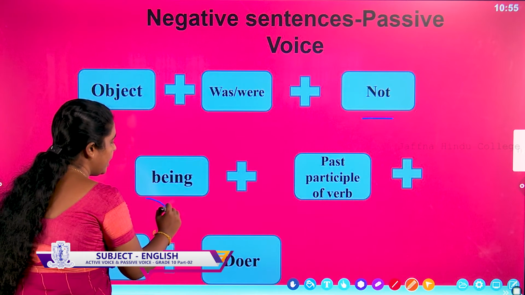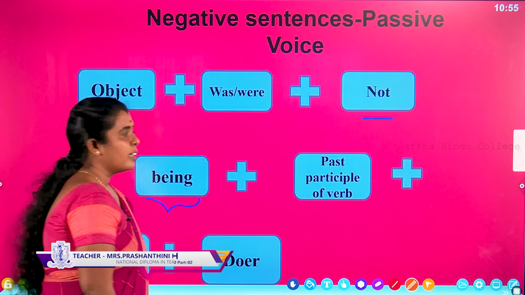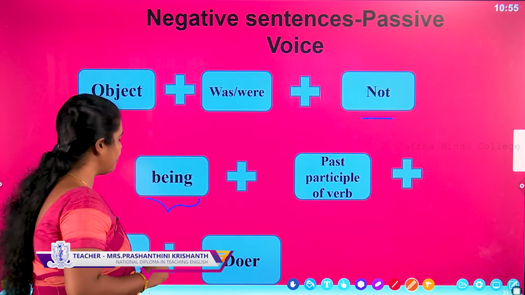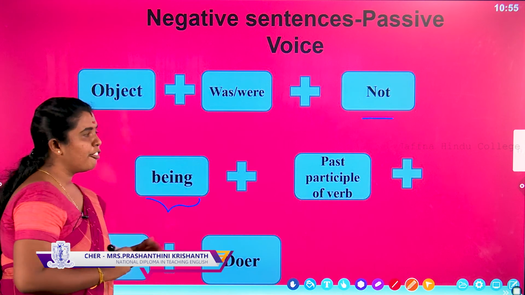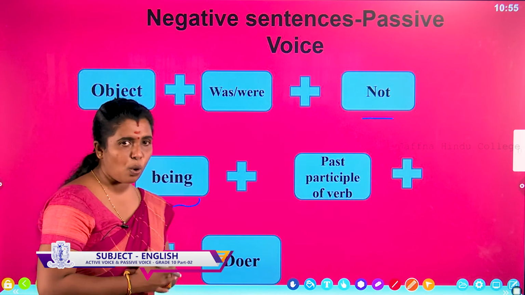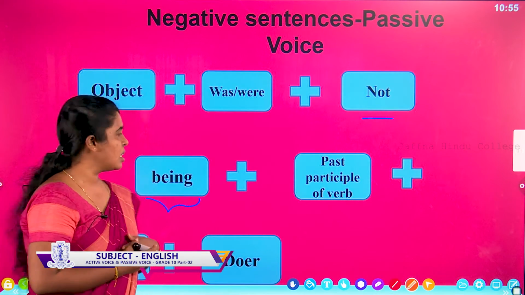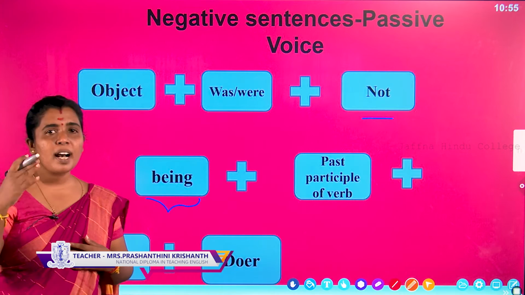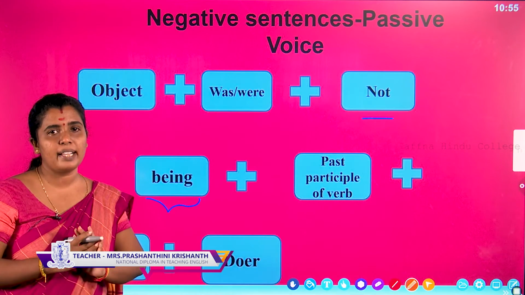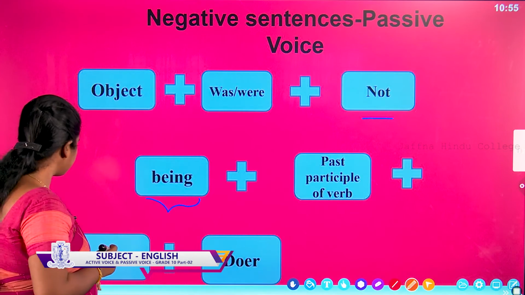Next, being. Then we have to add the past participle of verb. Next, by. Finally, the doer. So, object, was or were, not, being, past participle of verb, then by, finally we have to add the doer.